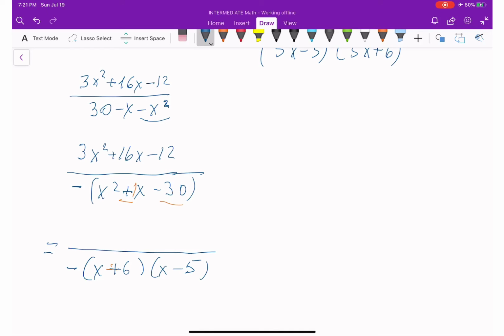Okay, and the other one, in the numerator, I cannot take a common factor. 16 and 12 are divisible by 4, but then we have 3x squared.